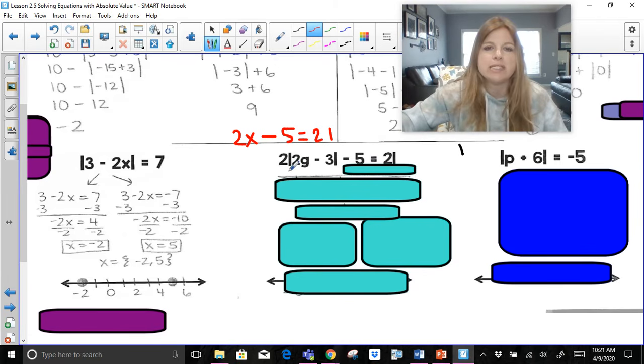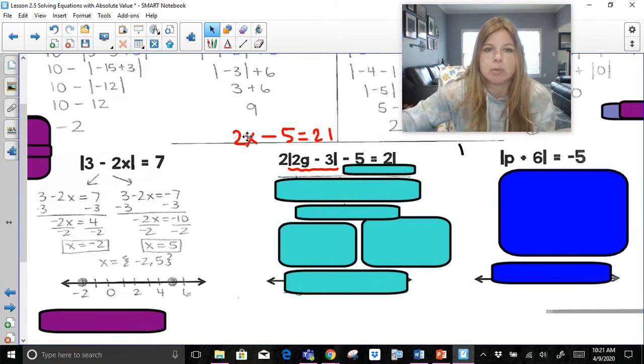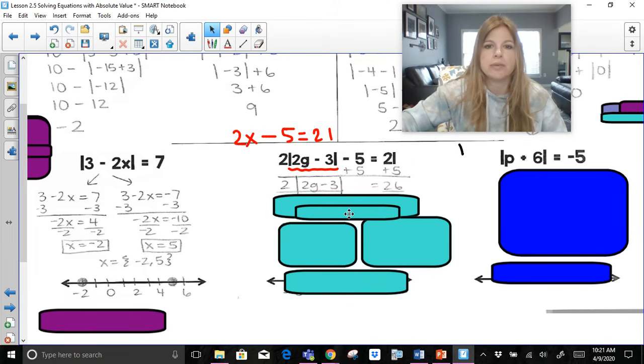So look at this. If I say to you, this absolute value expression needs to get isolated, this is basically in the exact same spot that x is. So we follow the exact same steps we would have done here. So the first way to get this 2g minus 3, the absolute value of that, isolated is to add 5. So we get 2 times the absolute value of 2g minus 3 equals 26.